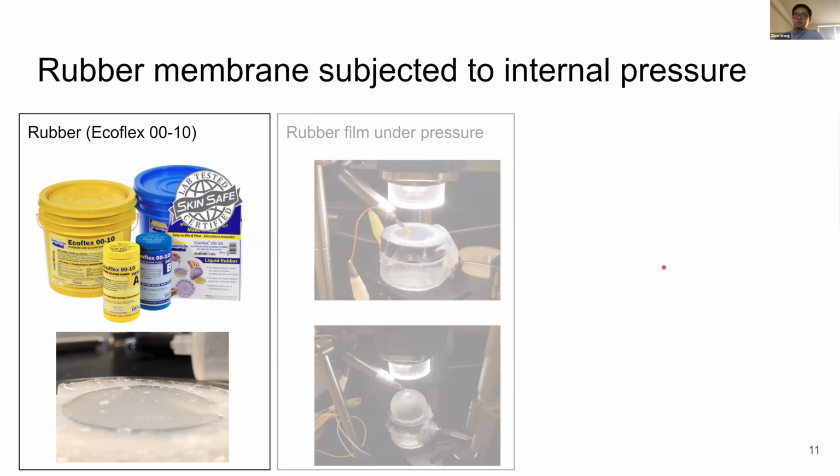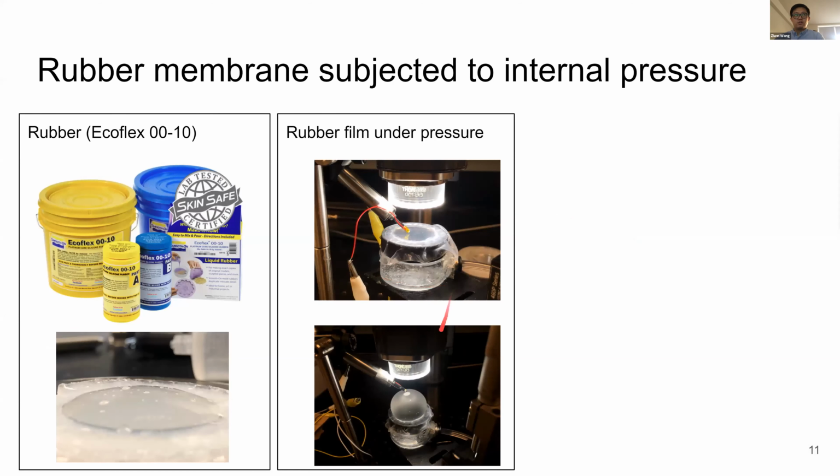To study the influence of the pressure, we made some rubber membrane samples in the lab, and we mount these membranes on the cavity. By pushing water into the cavity, as you can see, the rubber membrane will be dramatically deformed. We started with the rubber sample because it's more controllable compared to the bio samples.